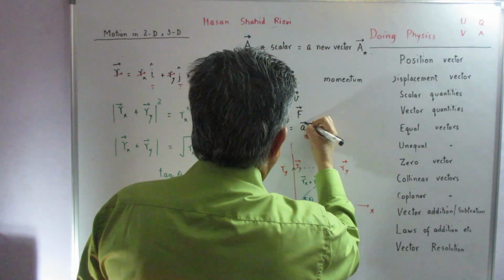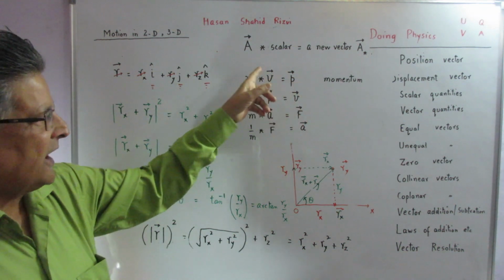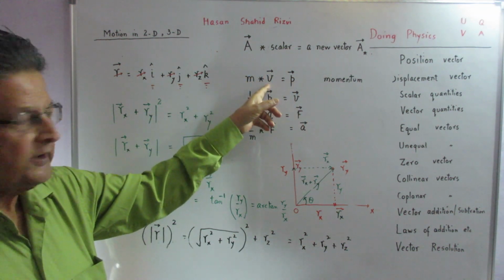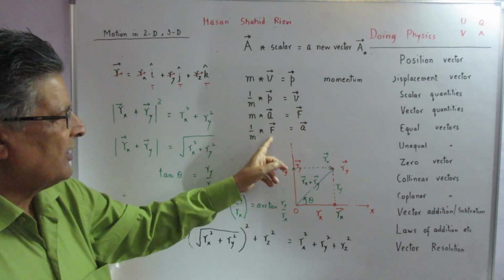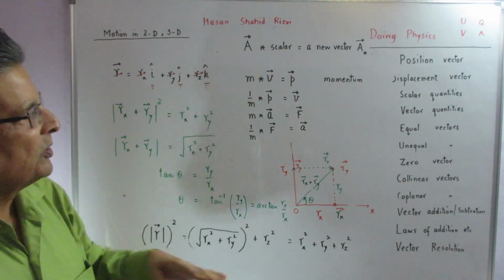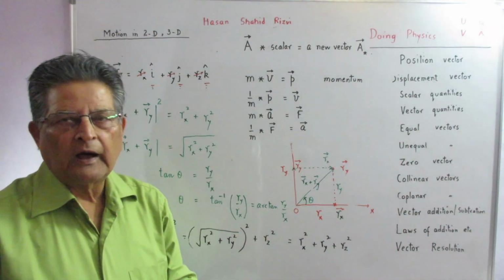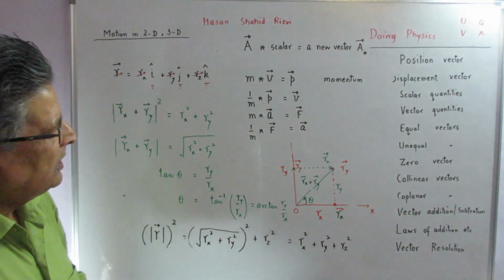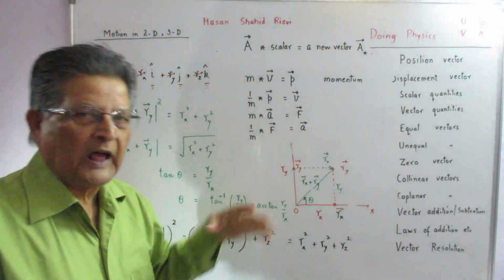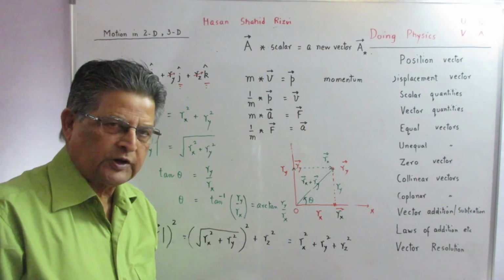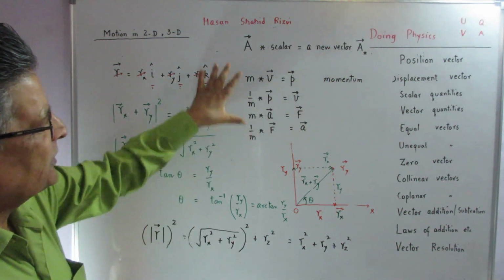You can see that the new vectors on the right hand side are in the same direction as the old vectors, P with V, V with P, F with A, etc. So this is known as the multiplication of a vector by a scalar. Also, a vector can be multiplied in a similar manner by a number, and that number could be positive, could be negative, or often equal to 0.